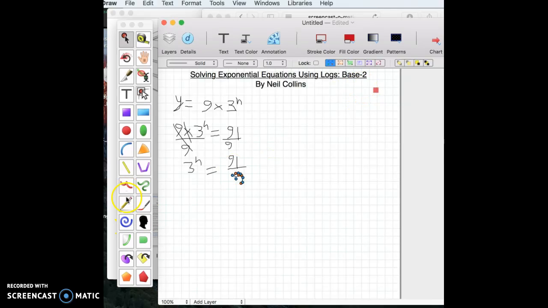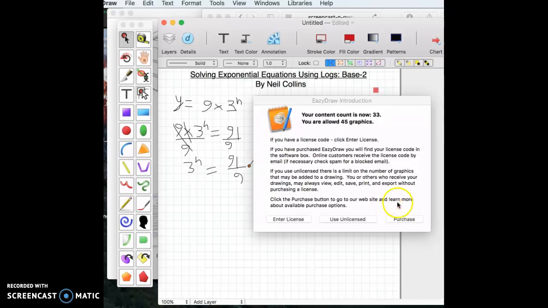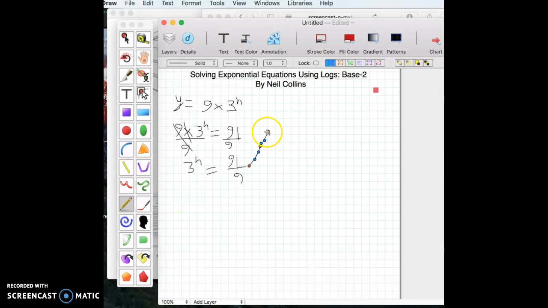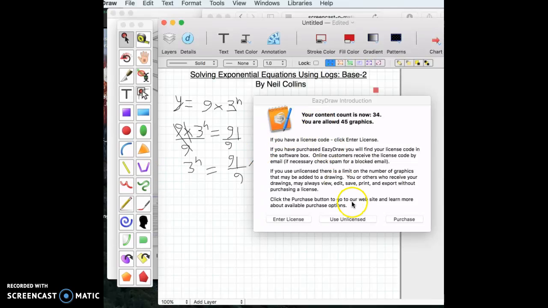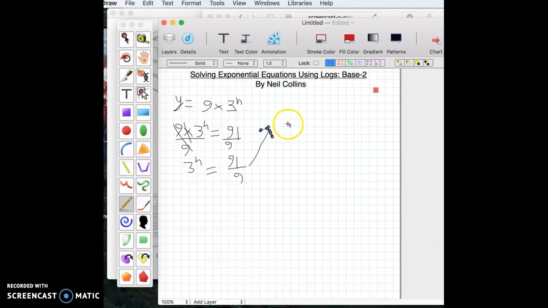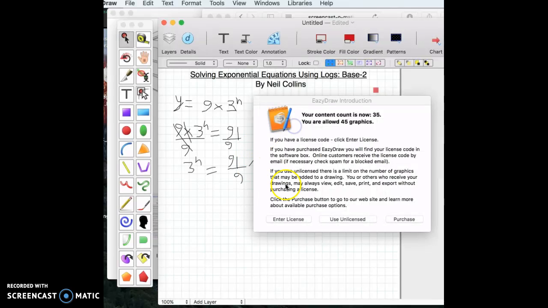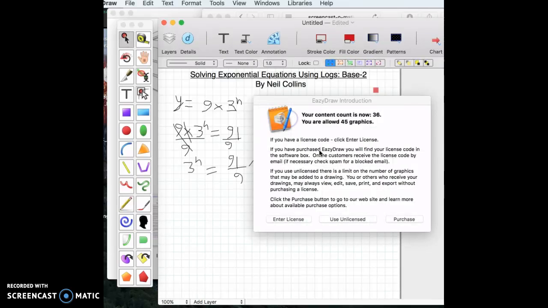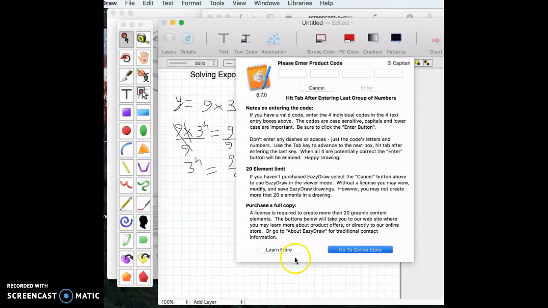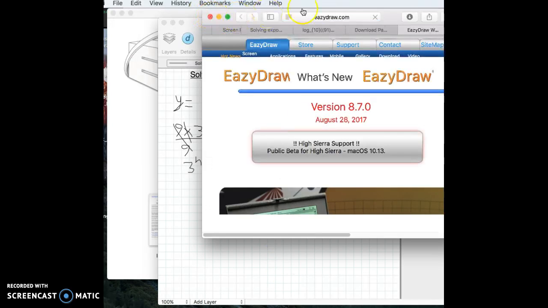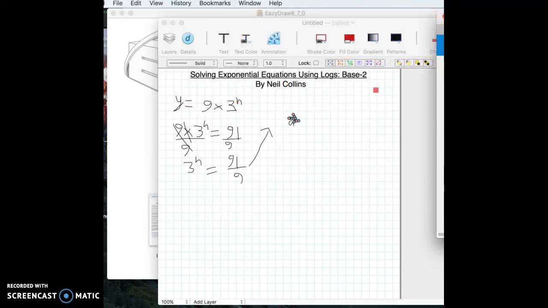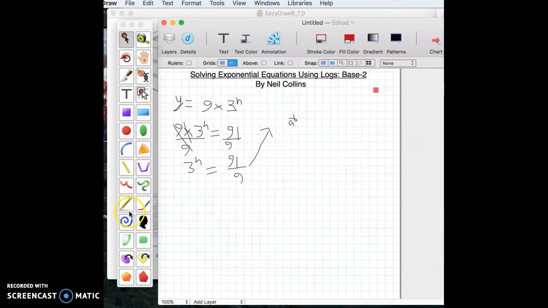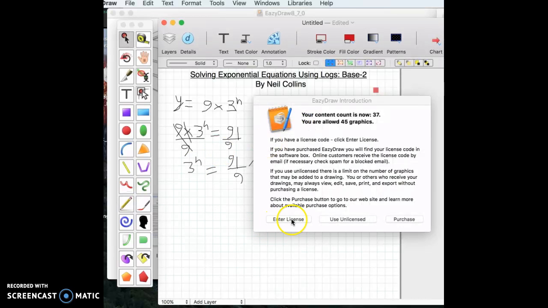And what this represents can be shown by an equation, so we're going to write out our formula: a to the b equals.